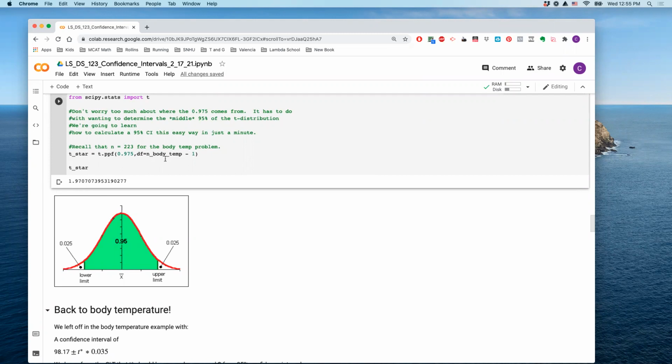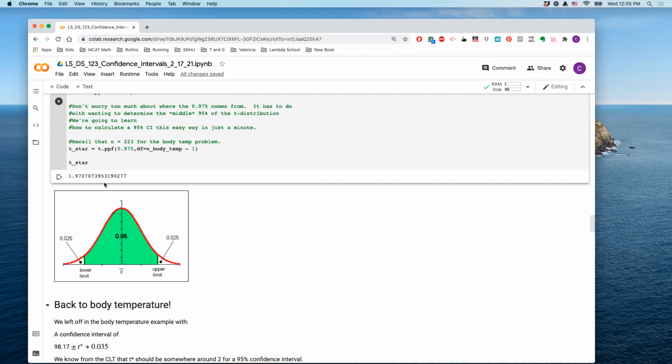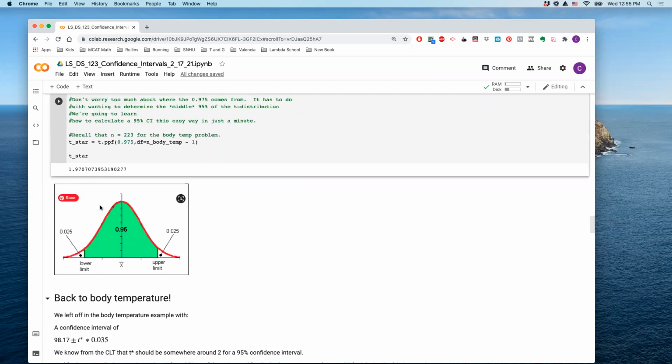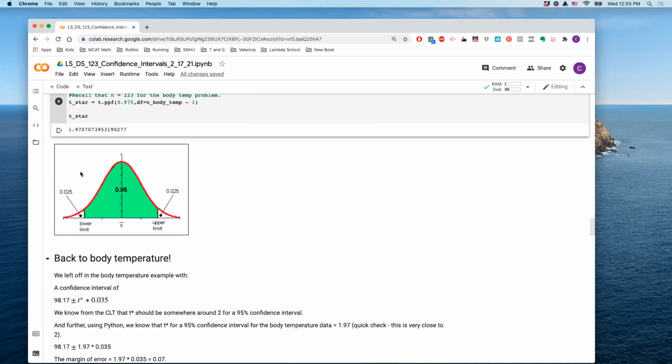We're going to want to add and subtract about 2 standard errors from our sample mean. So exactly what this number is depends on the number of degrees of freedom. It depends on the sample size.